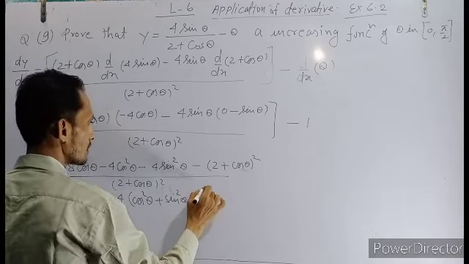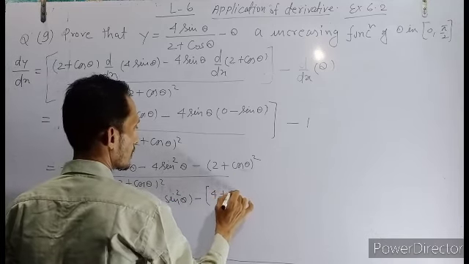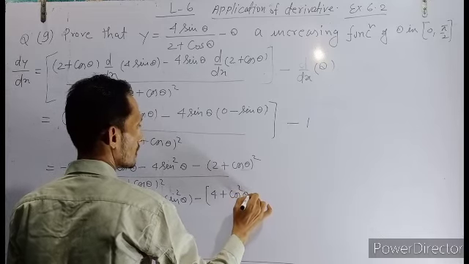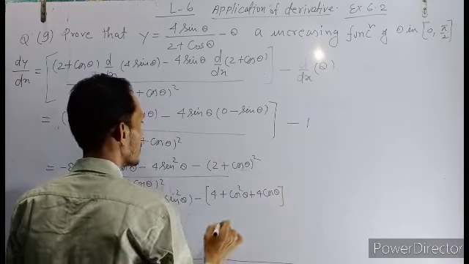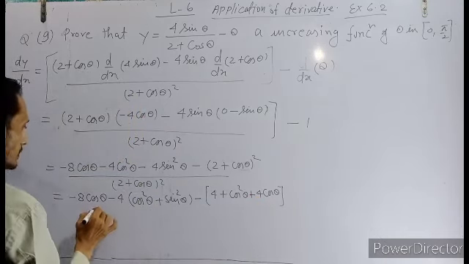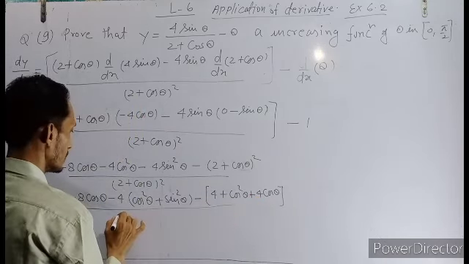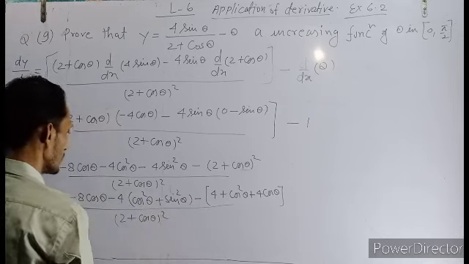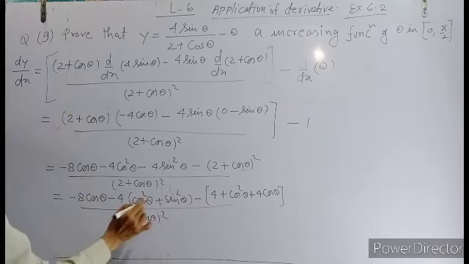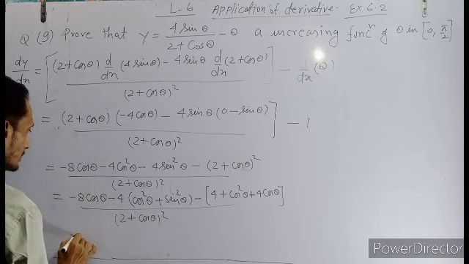You can open this one. 4 plus cos square theta plus 4 cos theta upon 2 plus cos theta whole square. Just simplify it. You can see this value will be 1.